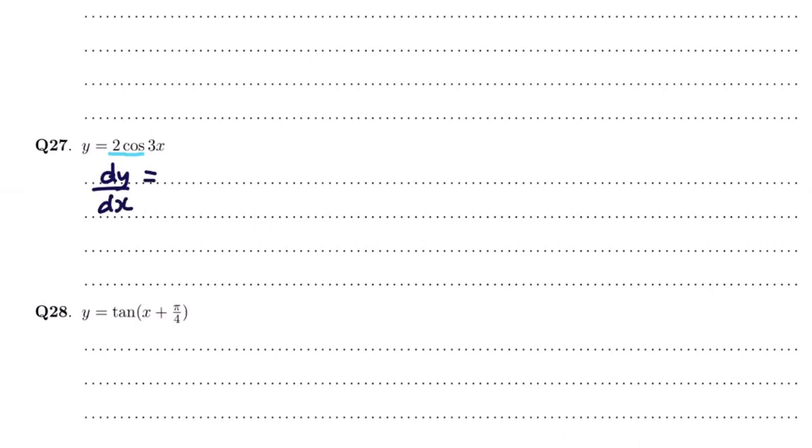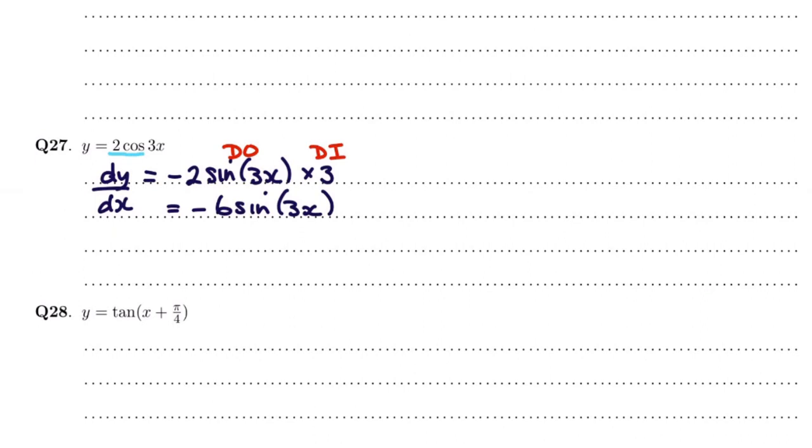Okay, so cos becomes negative sine, so it's minus 2 sine of 3x. Remember, the 3x is the angle, and then multiplied by the derivative of the inside. So again, this is your dou bit, and this is your dee bit. So you'd end up with negative 6 sine of 3x. And really important to remember, when you differentiate, the angle doesn't change.